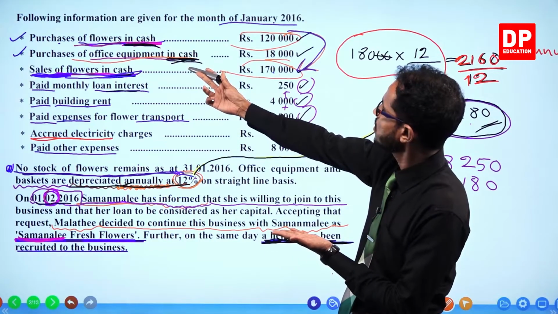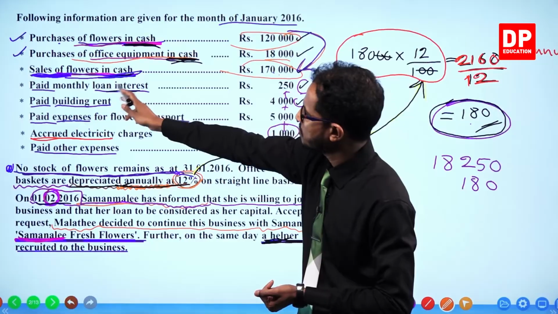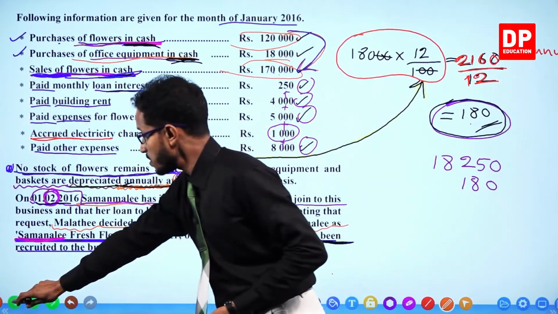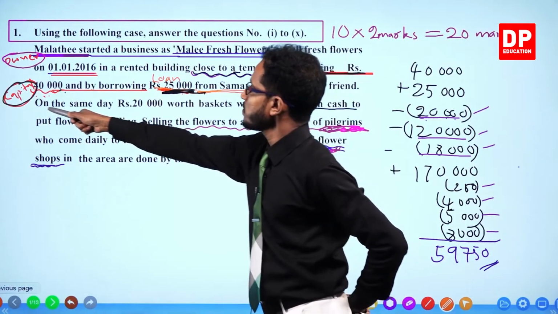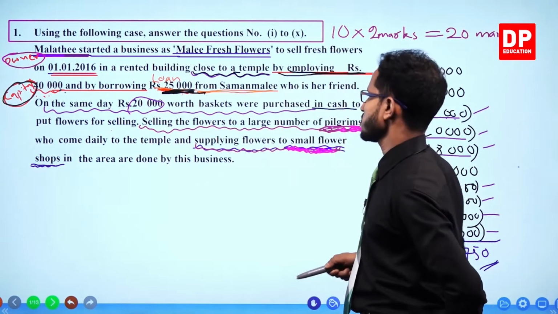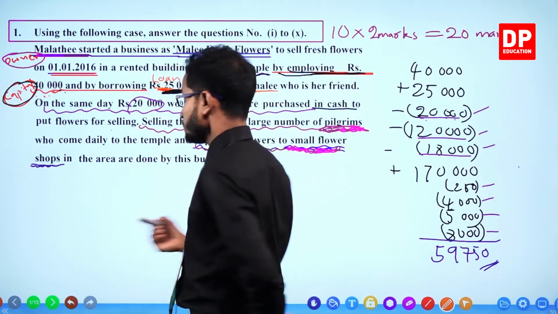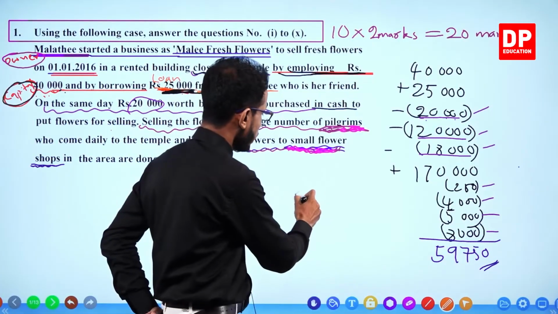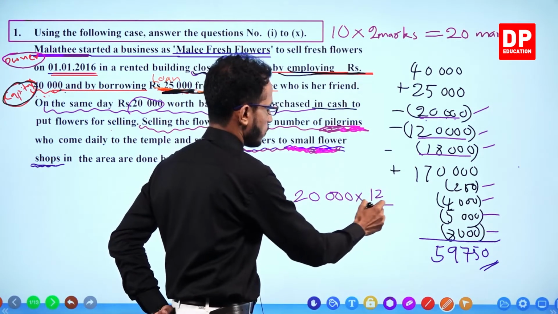No, flower baskets are mentioned here. Yeah, 20,000 worth of flower baskets were purchased. 20,000 is the cost. 20,000 into 12%.